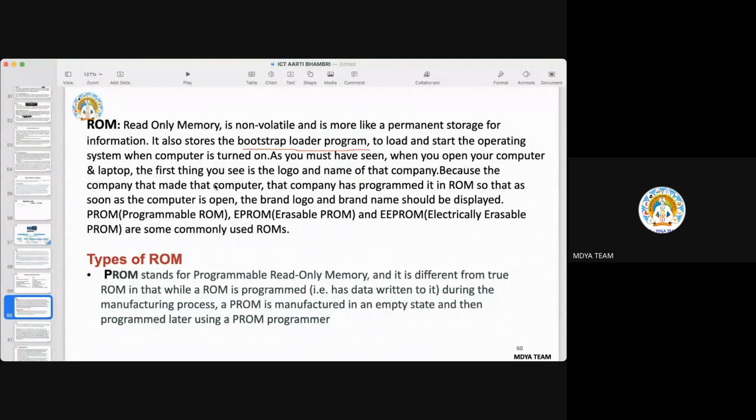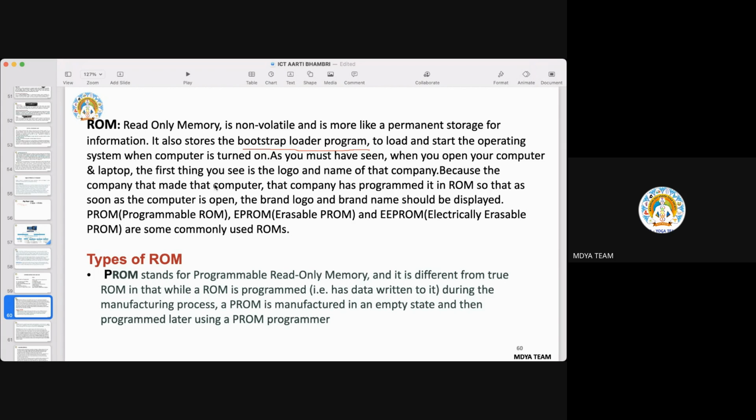As you have seen, when you open your computer or laptop, the first thing you see, whatever logo or date or time or settings, is the name of the company. The company that made the computer programmed it in a ROM so that as soon as the computer is opened, their brand logo or name is displayed.